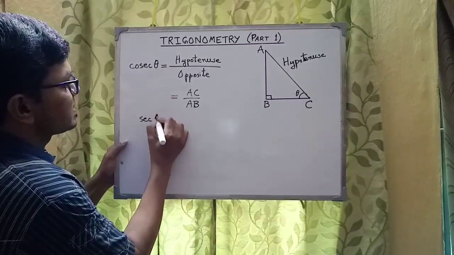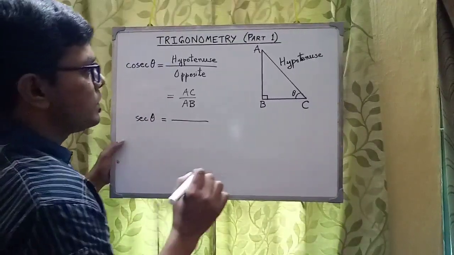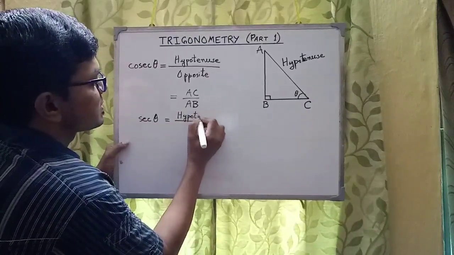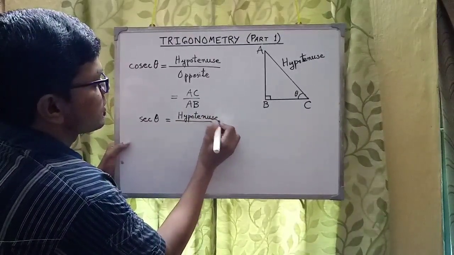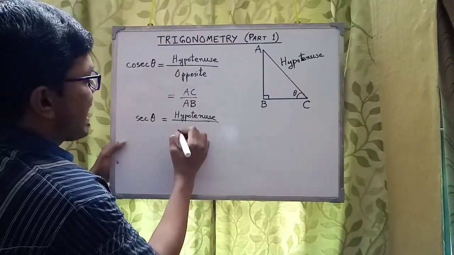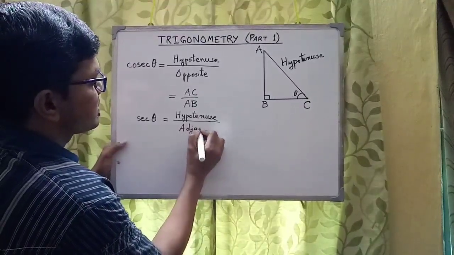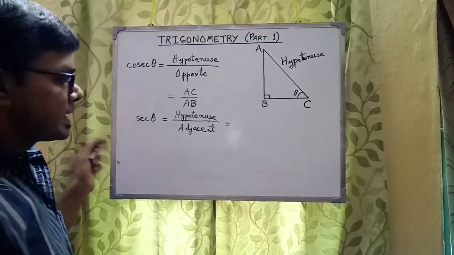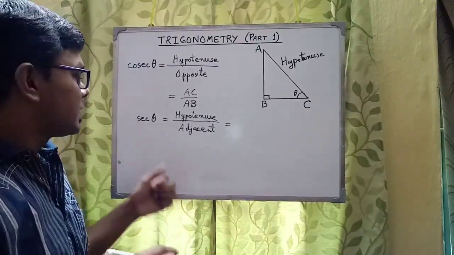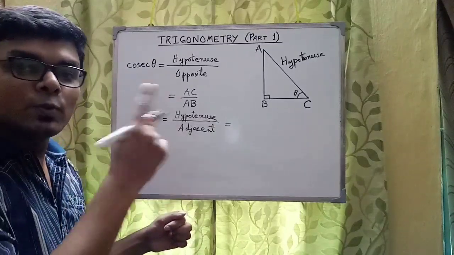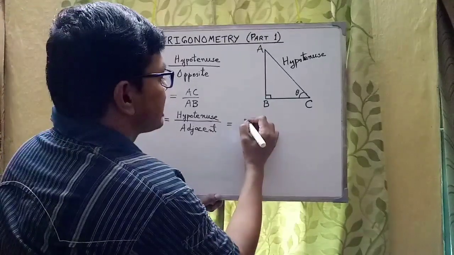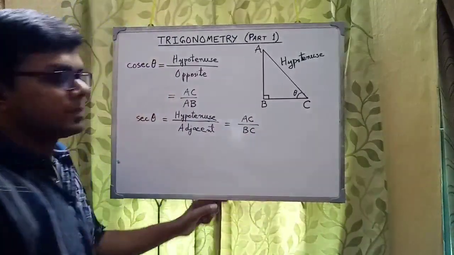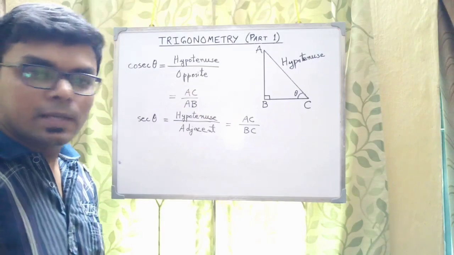So the next one, sec theta equals hypotenuse by adjacent. Again, let me remind you, cos theta was adjacent by hypotenuse. Now sec theta is hypotenuse by adjacent, so it is AC by BC. I hope it's clear till now.